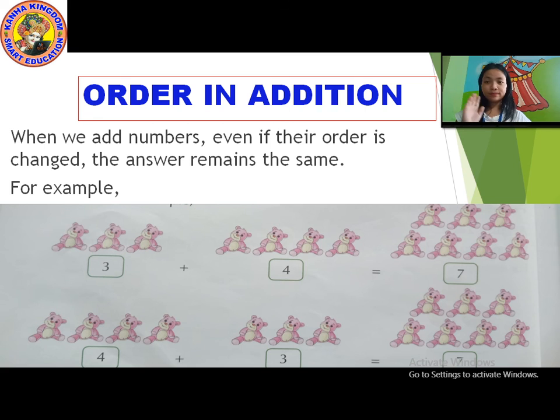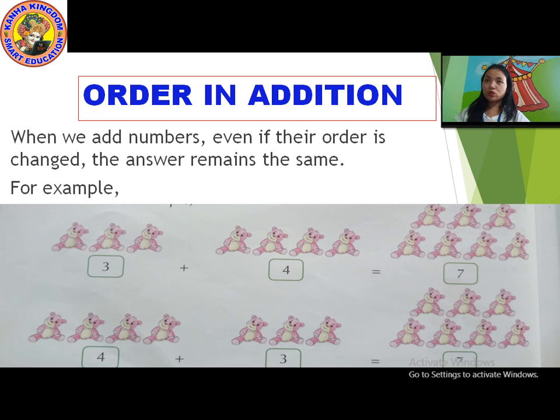See, we are learning the properties of addition. Okay, first we learn the properties of addition. The first property is adding 0. When 0 is added to a number, the answer is always the same number. Right? After that we learn the second property, that is adding 1.